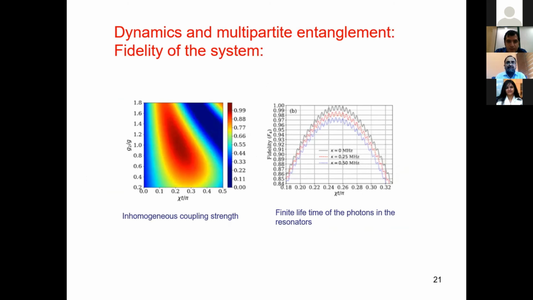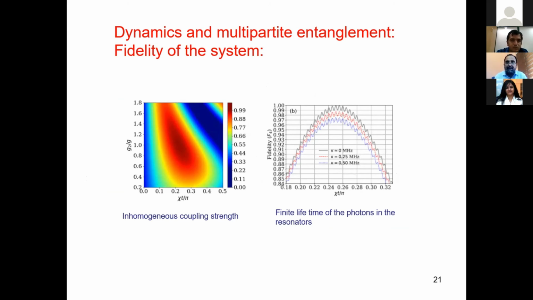Okay, so here we talk about the dynamics of the multipartite entanglement. This picture B shows the effect of the finite lifetime of the photon in the resonator. If you have one photon inside the cavity, it will not stay there forever. It will eventually die down, right? So typically we do the experiment within the decay time of the cavity. So what if the photon is leaking through?